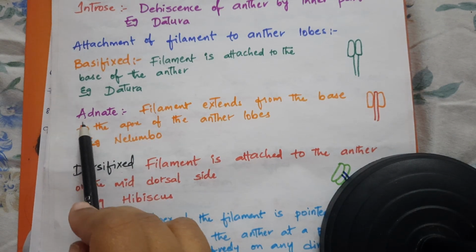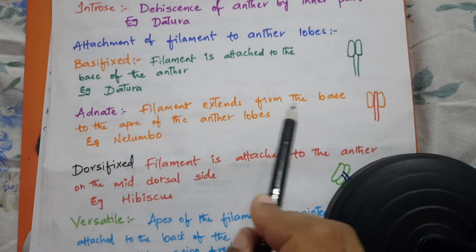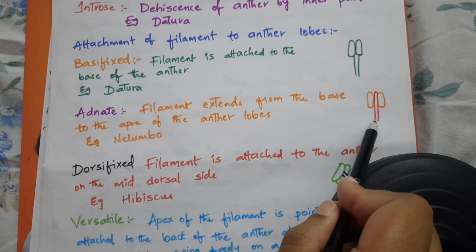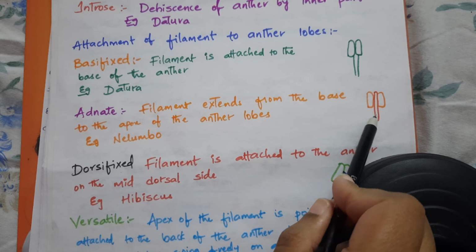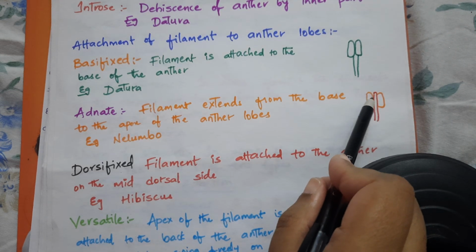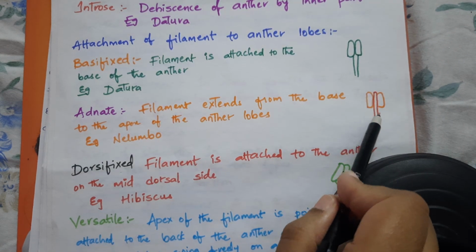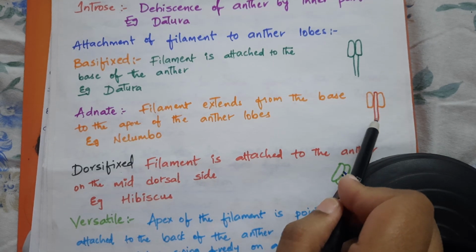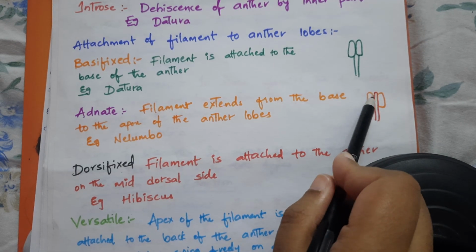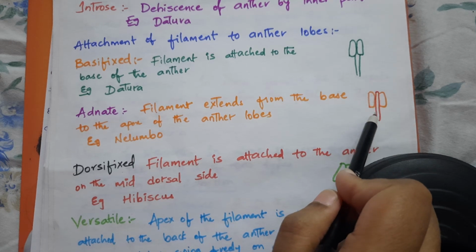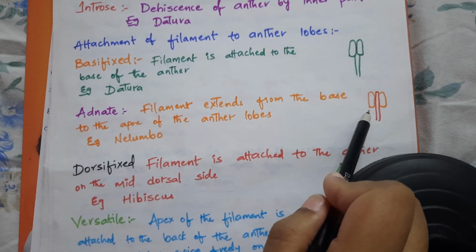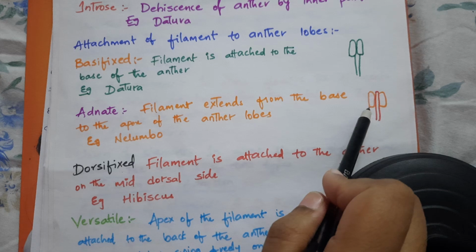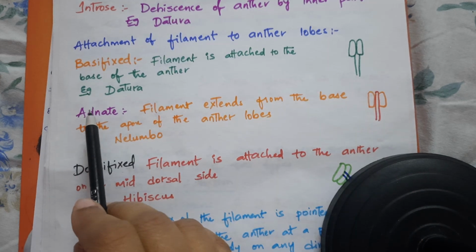The next one is the adnate. See here, in this the filament extends from the base to the apex of the anther lobes. Till here it is extended, from the base till the apex of the anther. So it covers a large area. This type of arrangement we call adnate anthers.